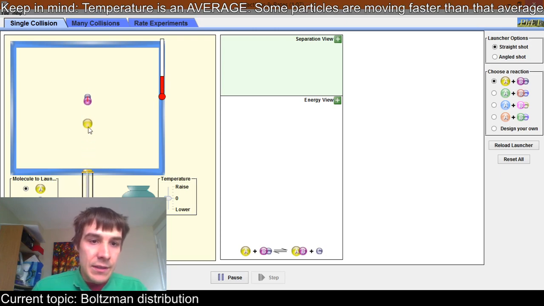You see there that it's not reacting because I didn't shoot it hard enough. All right, I can reset it. I think I can reset it. Reset, yes. Right, and if I shoot it harder, hey, we get a reaction. And I actually go back and forth getting a reaction. And I can see the energy view, right?